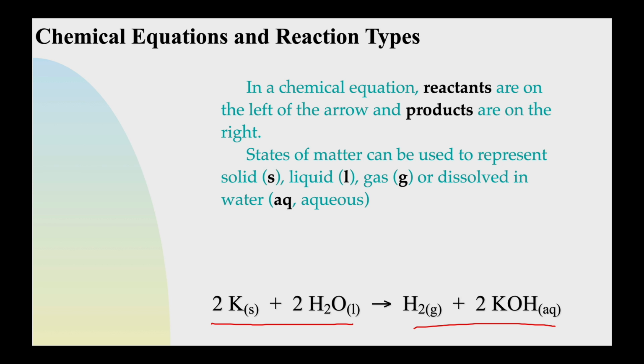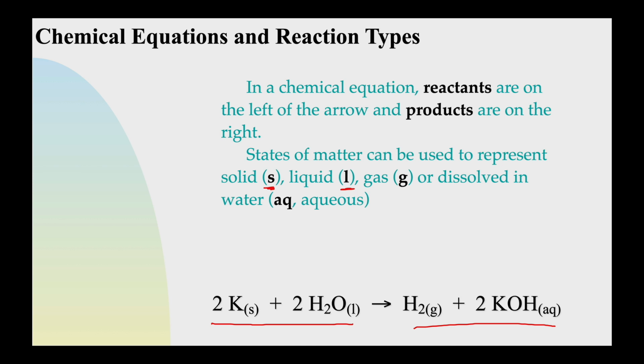In this reaction, all of the chemicals have a little state of matter next to them, and there are 4 of them that we'll run into in this class. If you see a little S, like by potassium, that's for a solid. If you see an L, like there by water, that's for a liquid.